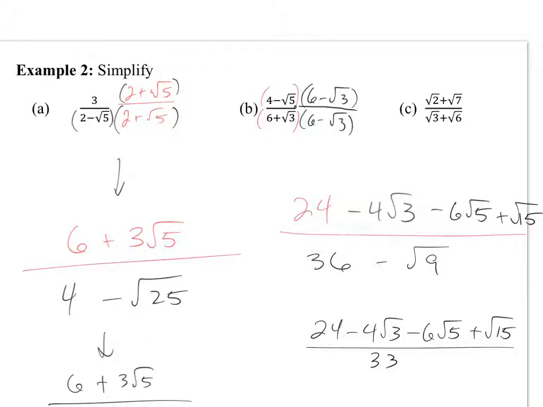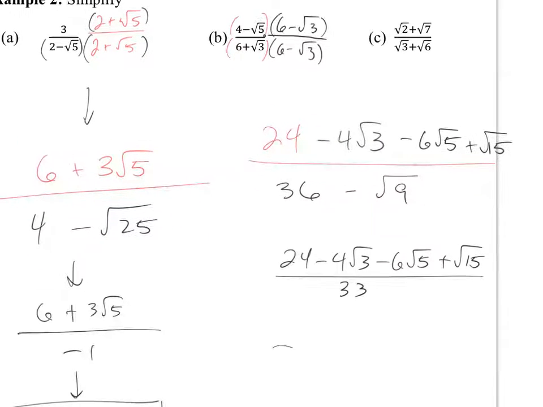Now, hypothetically, I could divide 33 into everything. But it's not really that useful because only 24 and 6 would be divisible because they're multiples of 3. But 4 is not a multiple of 3. The 1 in front of the 15 is not. So it's really no use going further. But I want to show you so you understand what I'm saying.